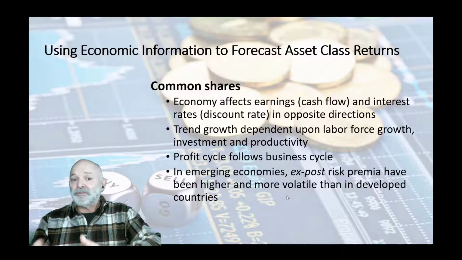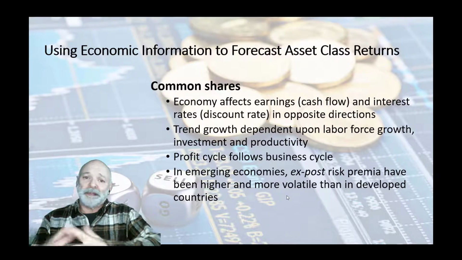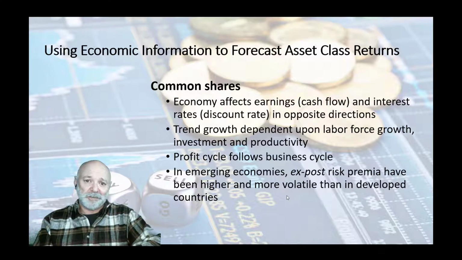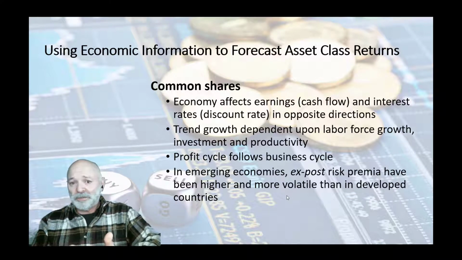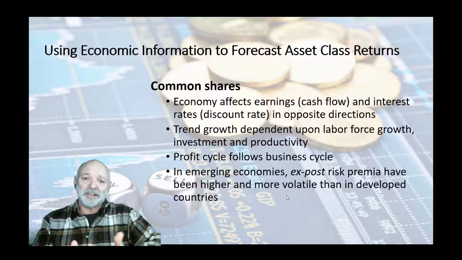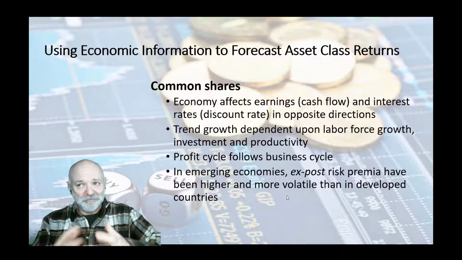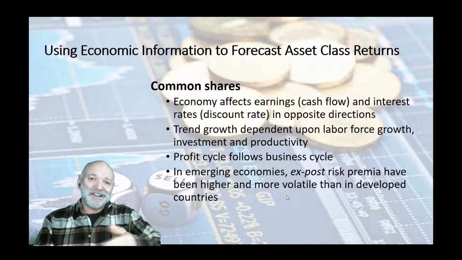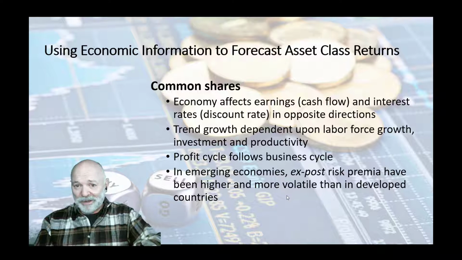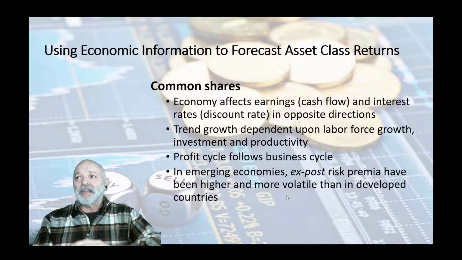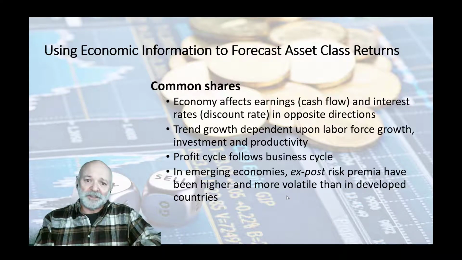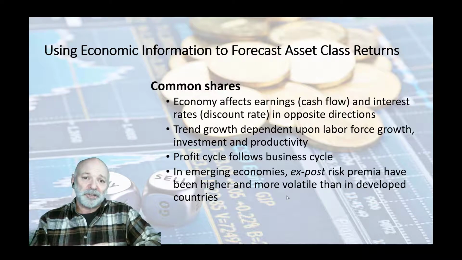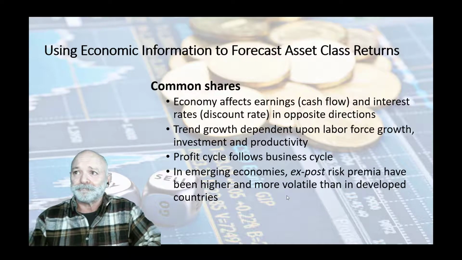Now, moving from bonds to stock, common equities have a variable effect depending on what's happening in the economy. The economy affects the earnings, but it also affects the risk. And if you think about the value of a stock being based on the present value of the cash flows discounted at the weighted average cost of capital, there are two opposite directions where things like inflation might take the company.